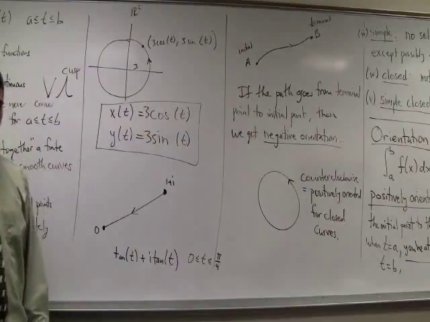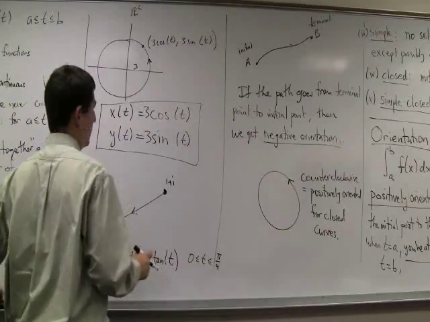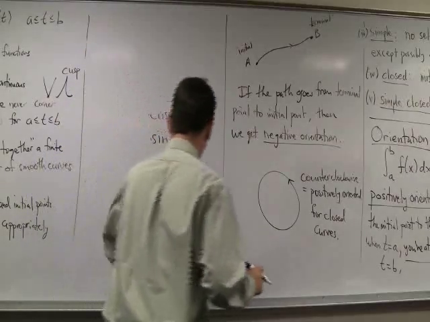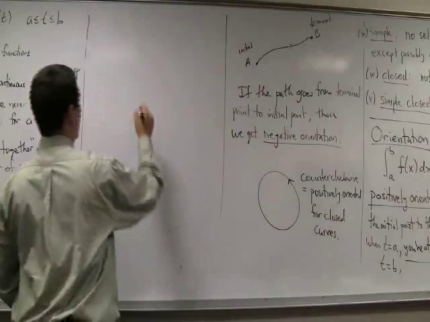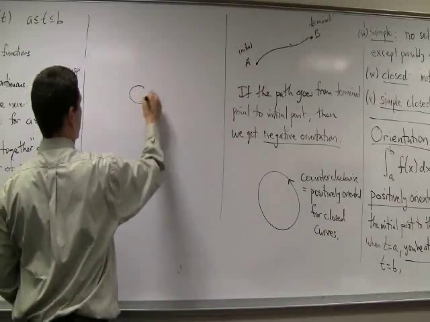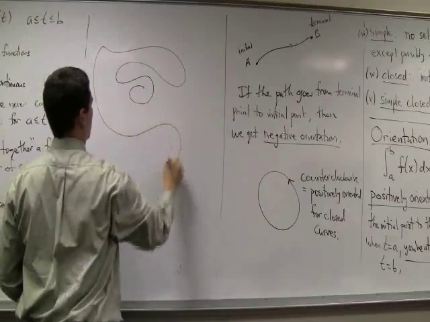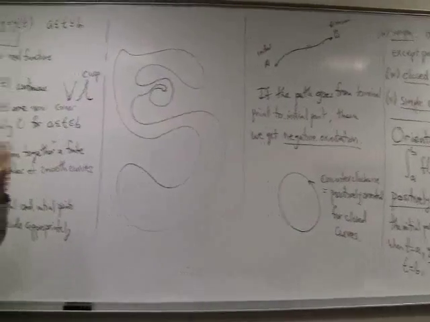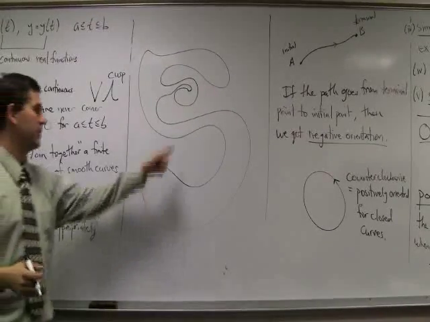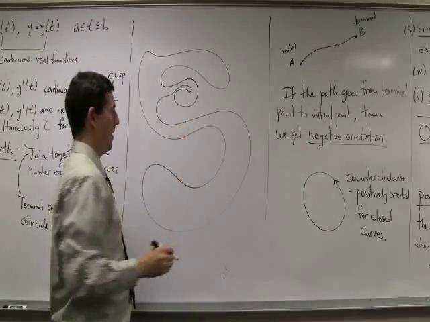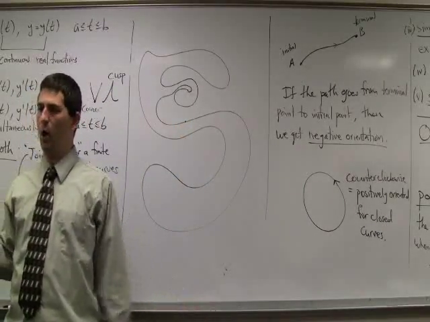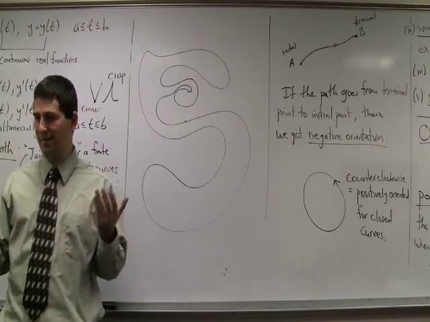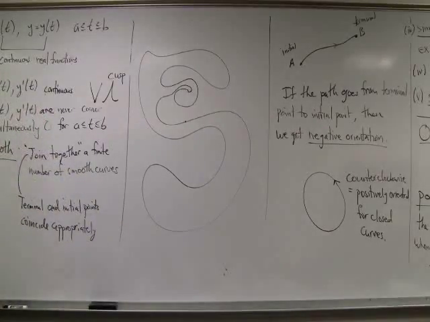Now, sometimes it's not quite as clear what counterclockwise means. For instance, we could draw some curve that looks weird. We can make it really, really nasty. If you're at any given point, say right here, which way do you have to go to be going positively oriented? It's maybe not immediately clear. Go to the left.